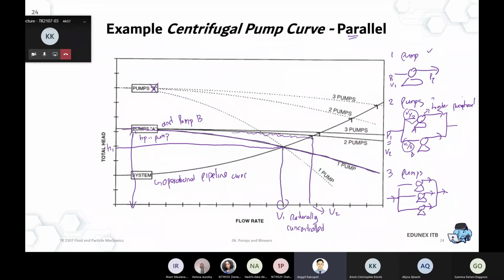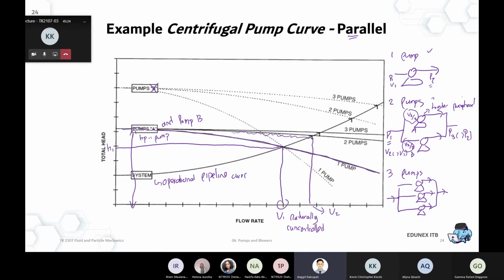When you install two pumps together, you will be able to transfer a higher amount of feed. Instead of V1, now you have V2, which is higher than V1. So instead of V1 per 2, now what you get is V2 per 2. And this one is V2 per 2. Okay, but instead of P2, now you can deliver P3, which is higher than P2.